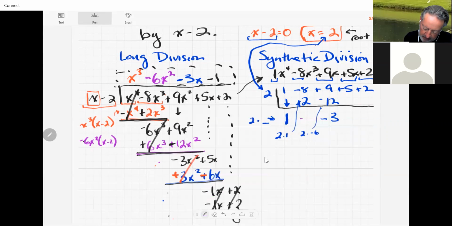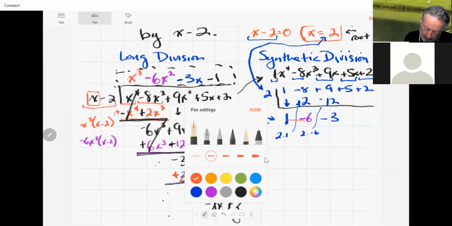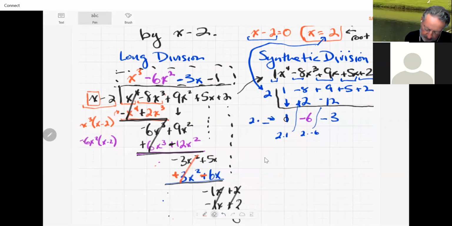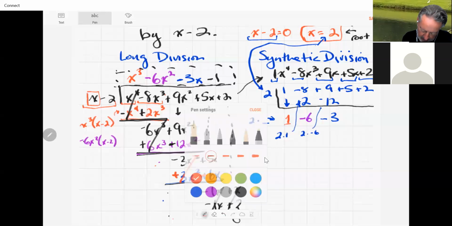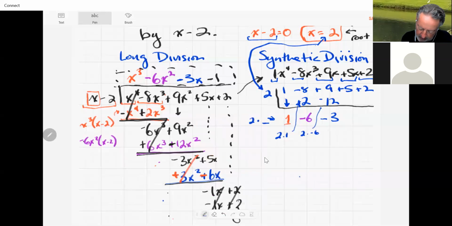I'm going to write negative 6 here, in the same color as over there, and this one's a 1. The next thing I do is multiply 2 times negative 3. This all seems confusing, don't worry about it. That gives me a negative 6. When I add those together, I get a negative 1.